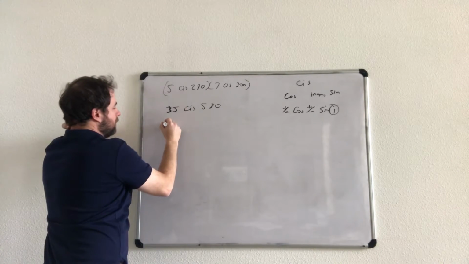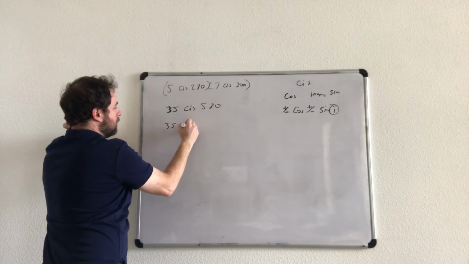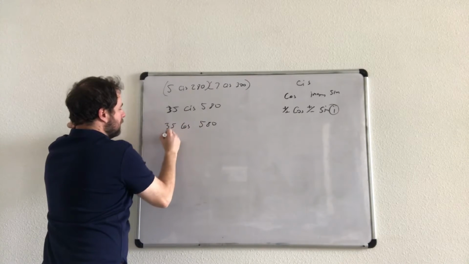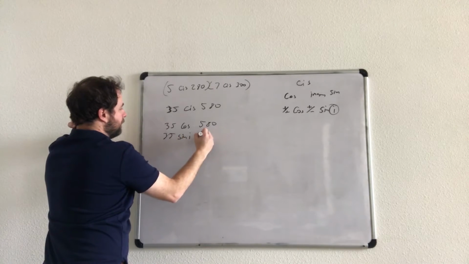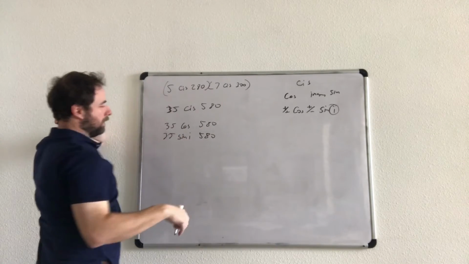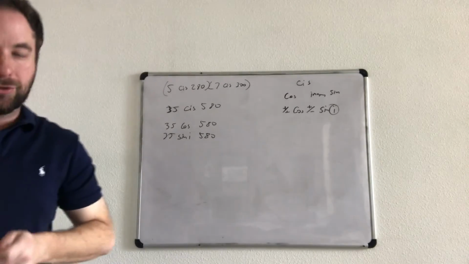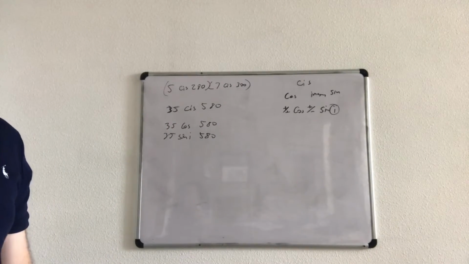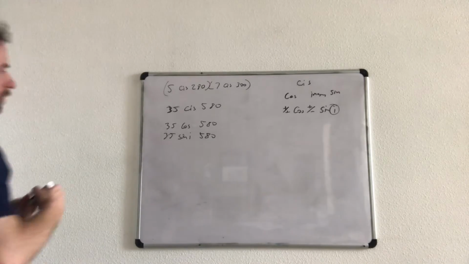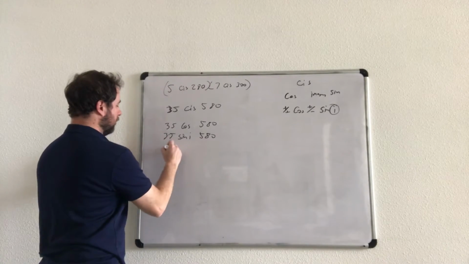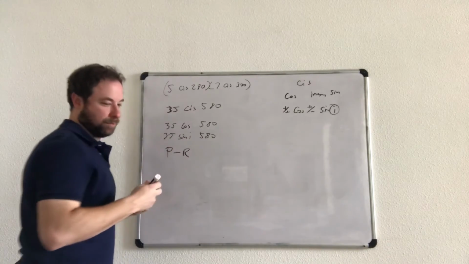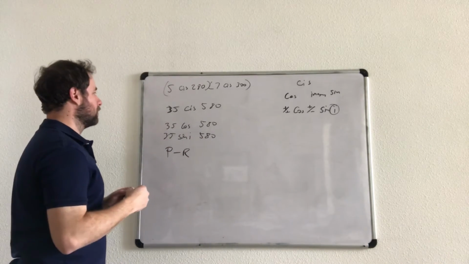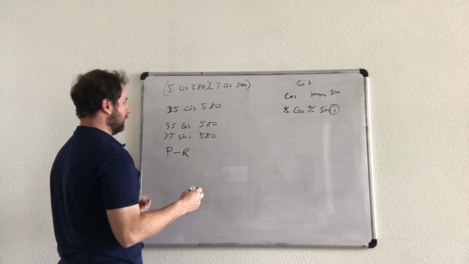In order to solve for this, you'll do 35 cosine 580 and 35 sine, that's an I, 580. We'll just remember to put an I on that. So you'll put that into your calculator in order to take this from polar to rectangular. Now, in this particular problem, they actually don't even care for us to put it in rectangular.